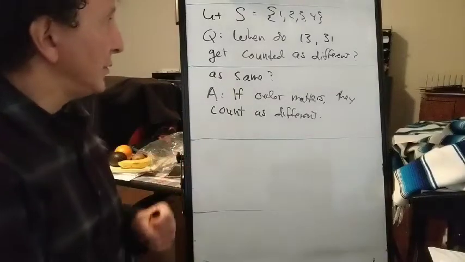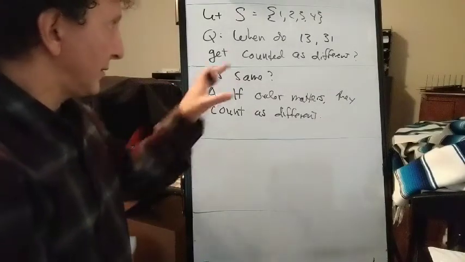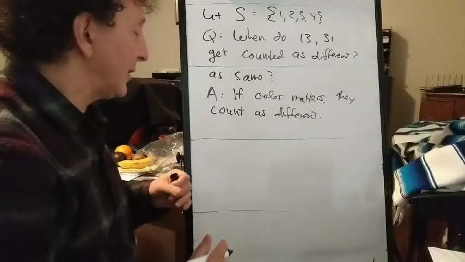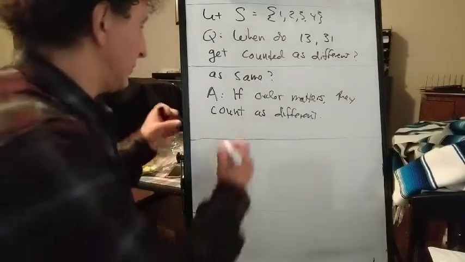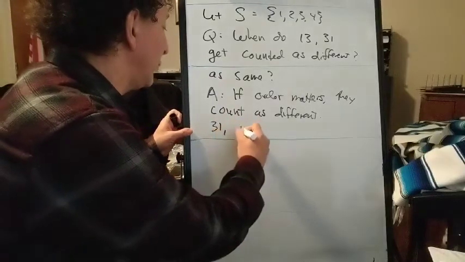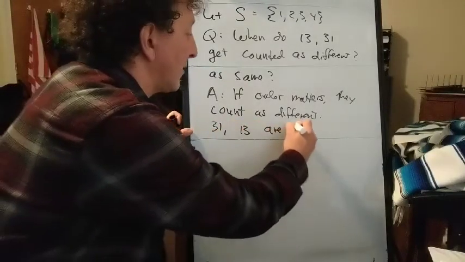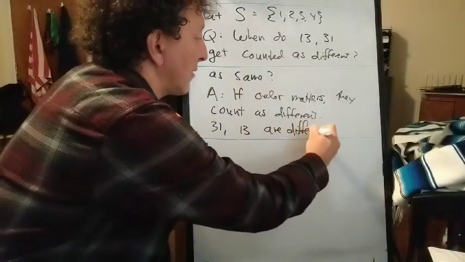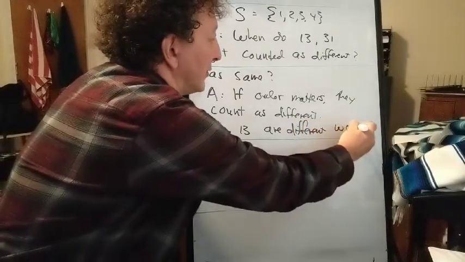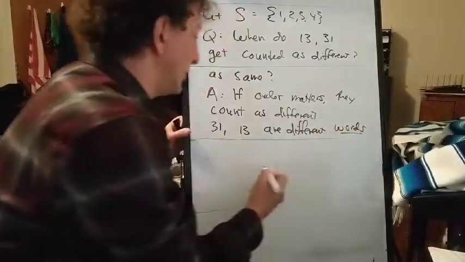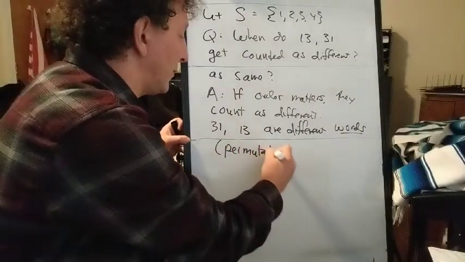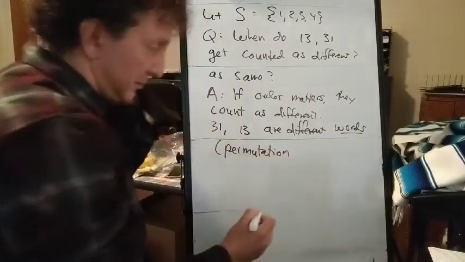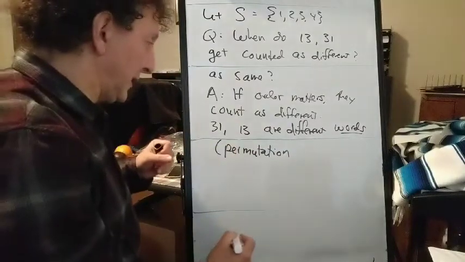And the words we use to say that the order matters are word and permutation. So 3, 1 and 1, 3 are different words. And permutation is just another term for word, which means we don't have any repeated letters.